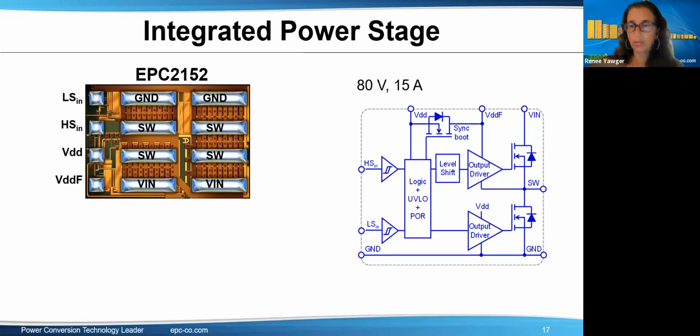So we have 2 very similar questions. One was, do we have plans for more GaN with built-in drivers, like the 2152? Or do we have plans for more integrated power stages like the 2152, but for higher current ratings? The answer to both is yes, and it's a good topic. That is a key part for EPC. We have an IC design group.